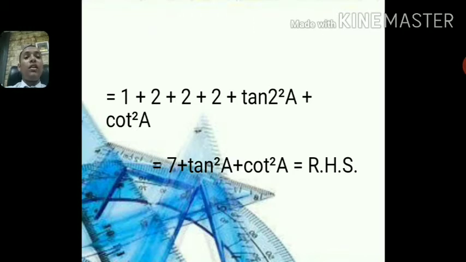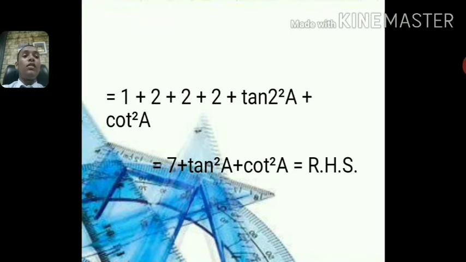From sec square a we get 1 plus tan square a, and from cosec square a we get 1 plus cot square a. So adding both the ones from the second and third pair we get 2, and equating the rest of the things, we get the values, and this is the last step. At last we get 7 plus tan square a plus cot square a.